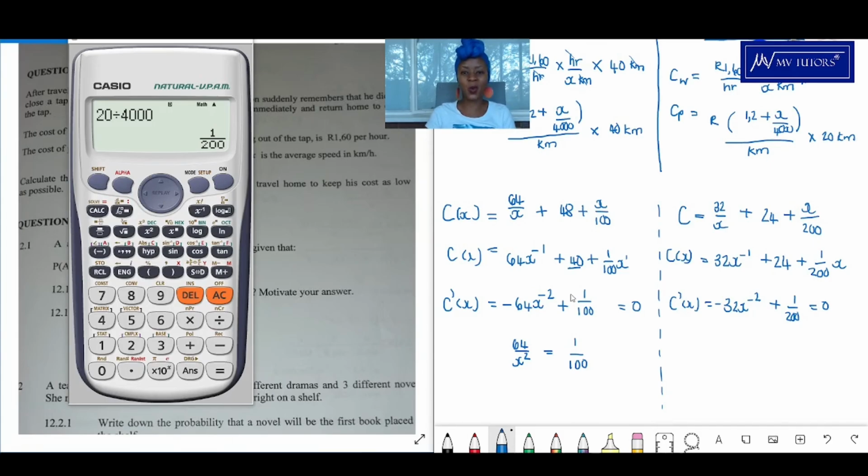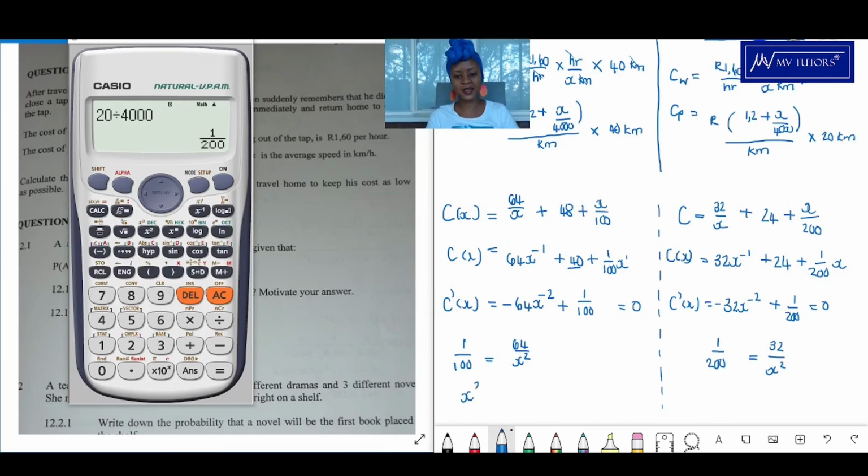Or actually, let me put it on the right hand side. So here I have 1 over 200 equal to 32 over x squared. Now I'm going to cross multiply. Take the x squared to the one side, take 100 to the other side.